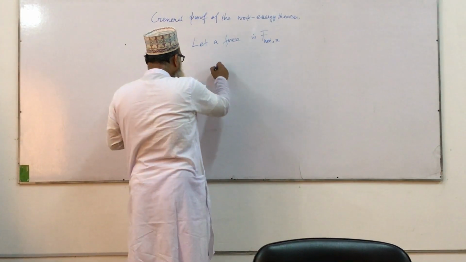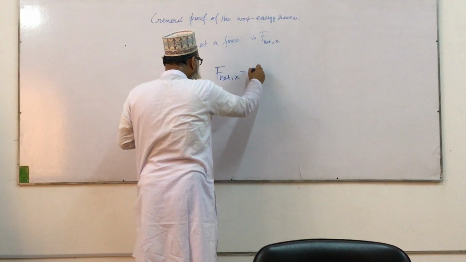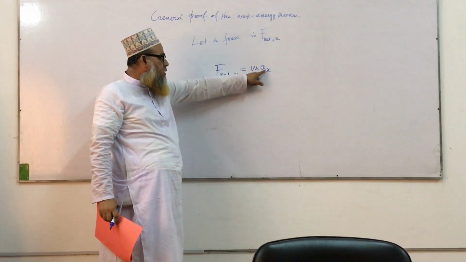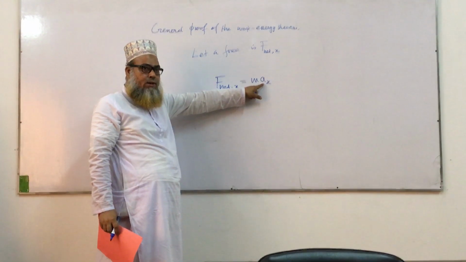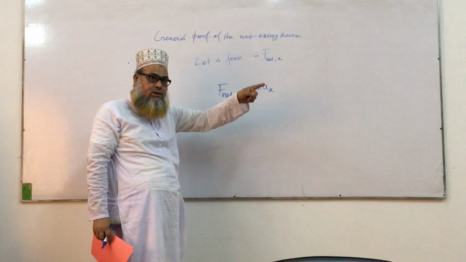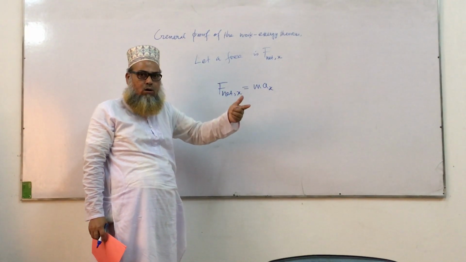So now F net x equals m a x, where a x is the acceleration in the x direction. This is by Newton's law.